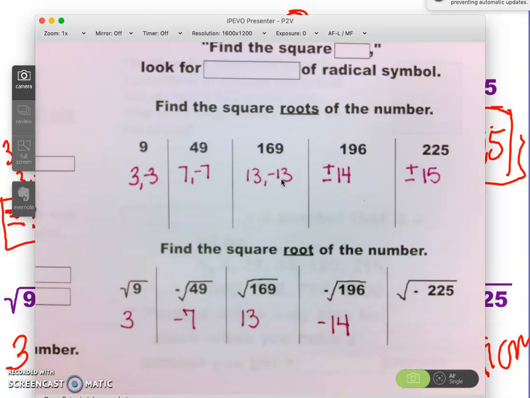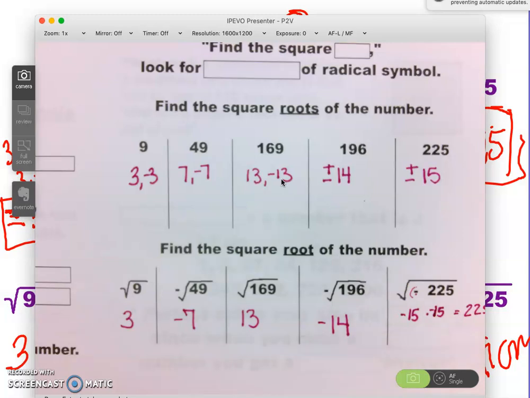Now, this one here is a trick question. If you see I have that negative inside here, I need to think what multiplied by itself will get me a negative 225. If I multiply negative 15 times negative 15, I will get a positive number.